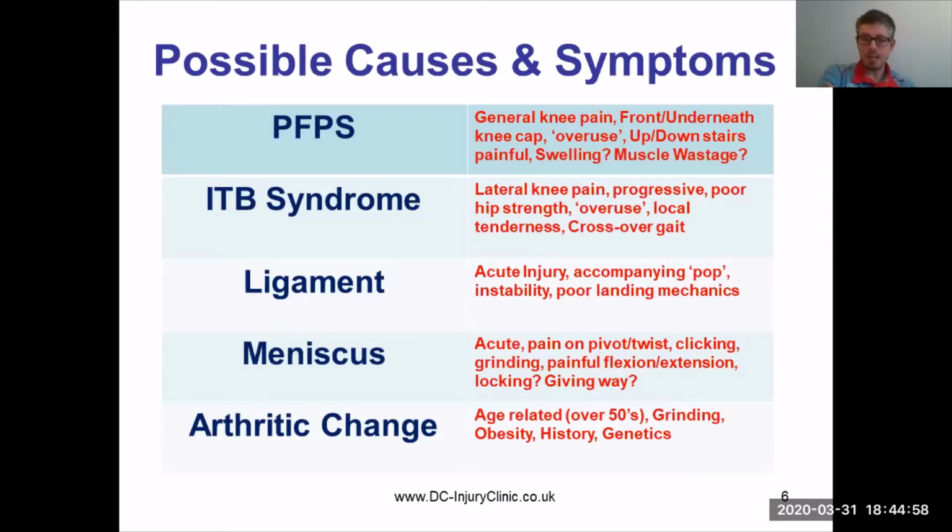Risk factors would be obesity, sporting history or history of knee injury in the past, in your younger years potentially, or genetics. We don't know too much about how hereditary it is, but it seems that if you have osteoarthritis or osteoporosis in the family, then you are more likely to have it.